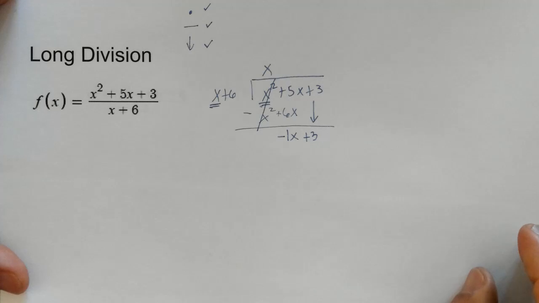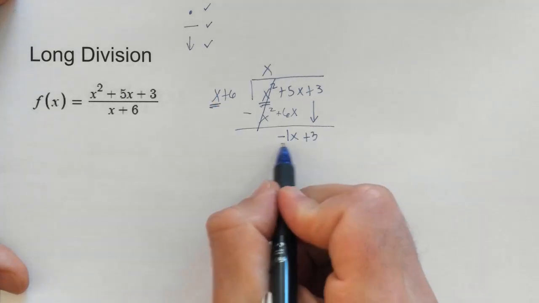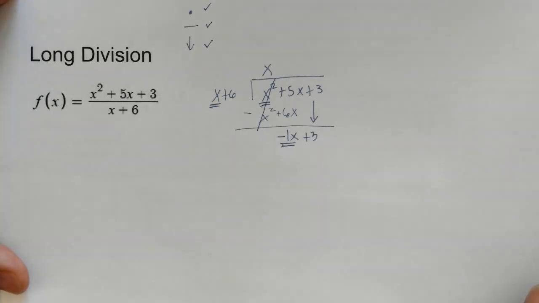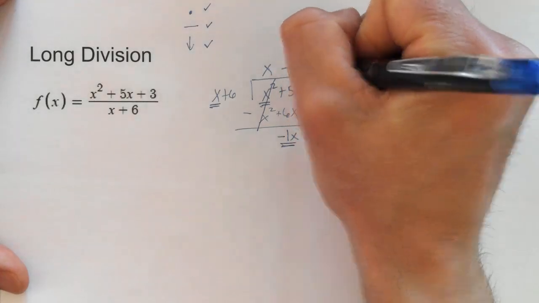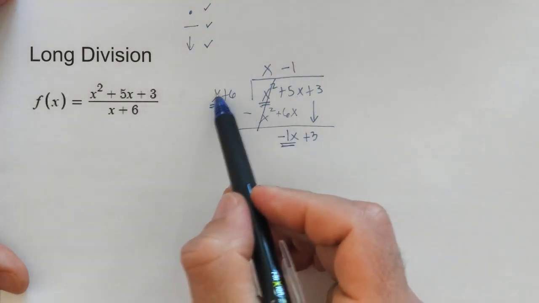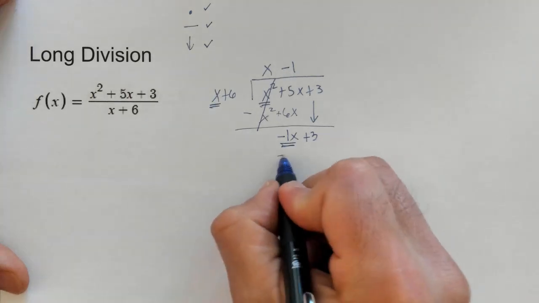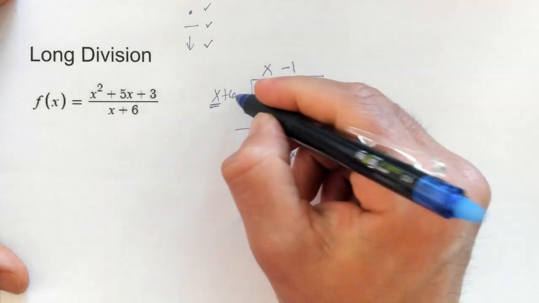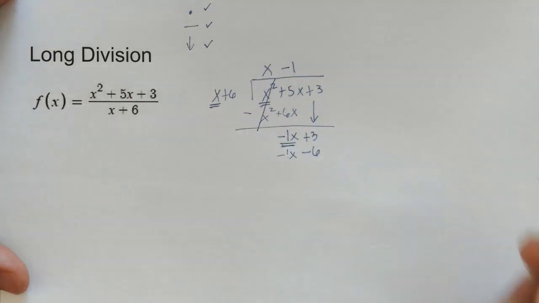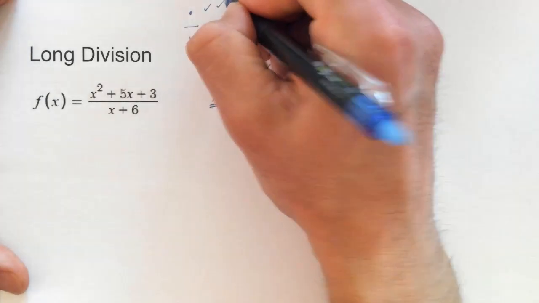And we repeat the process. X times something will give me negative 1x. Yeah, x times negative 1. So we're going to multiply negative 1 times x and negative 1 times 6. Negative 1 times x is negative 1x. And negative 1 times 6 is negative 6. After multiplication, I subtract.